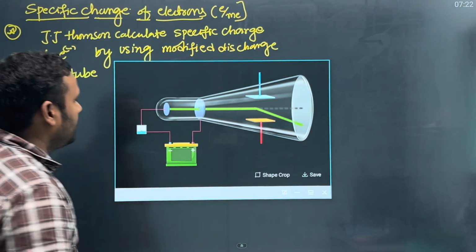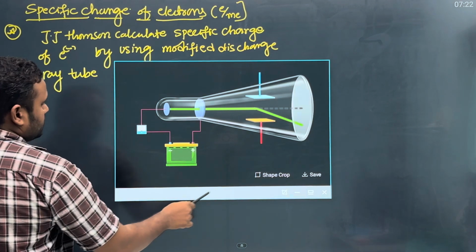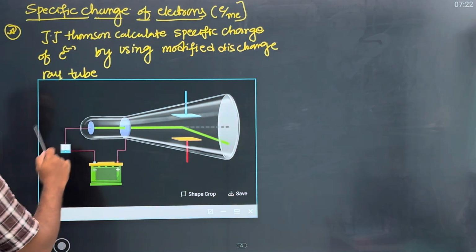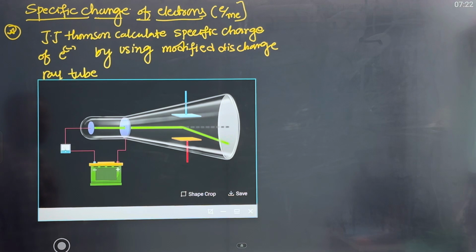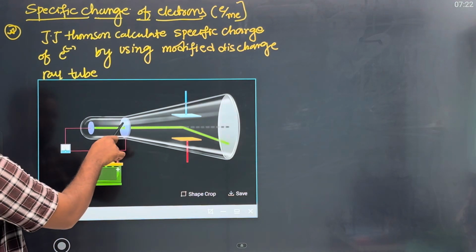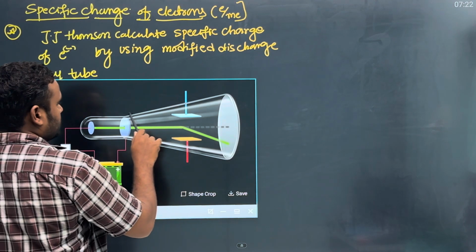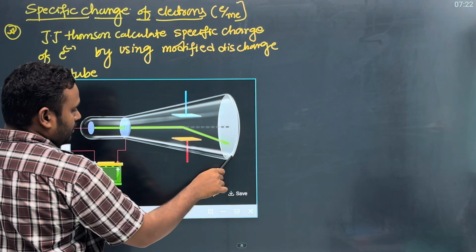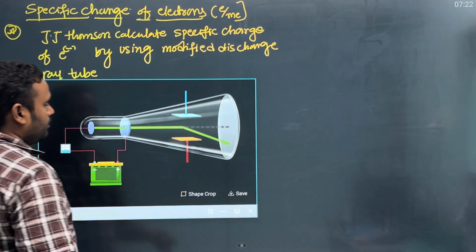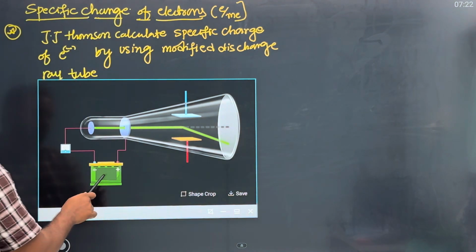Now we can see the modified discharge ray tube. Everything is arranged like the discharge ray tube only, but here he has done some modifications. He made one curved glass here, and used the same high voltage source.